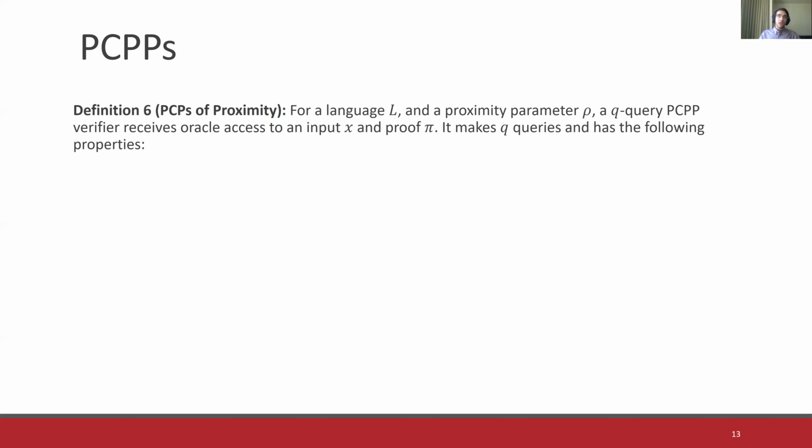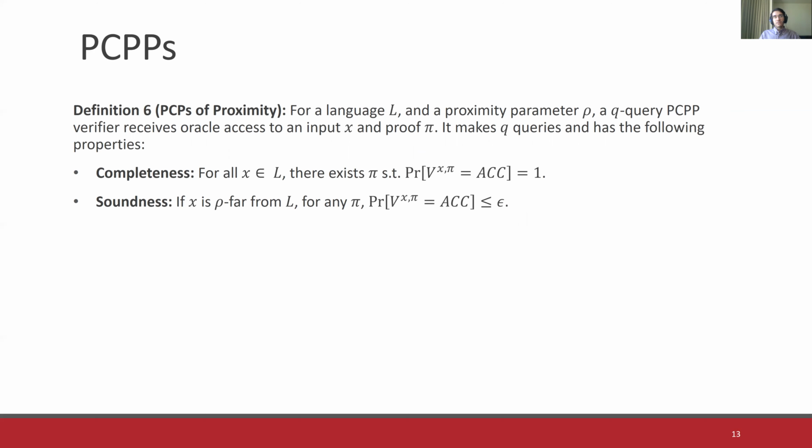It reads Q locations of the input and proof, and it has the following properties. If the input X is in the language L, then there exists a proof pi such that the verifier given X and pi accepts with probability 1. And if the input is far from being in the language, then for any proof, the verifier accepts with tiny probability.